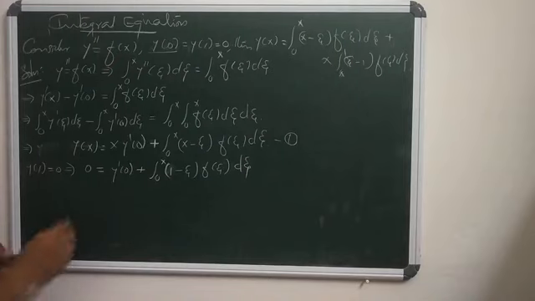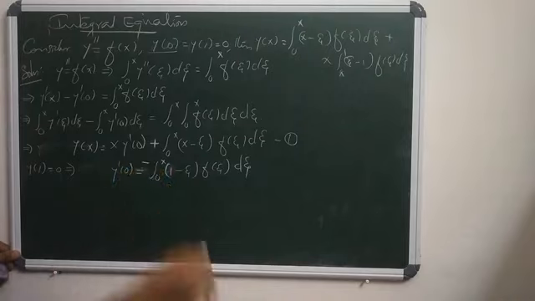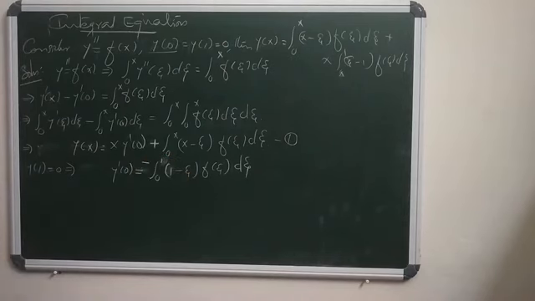So what is y dash naught? This means y dash naught equals minus integral 0 to 1 of (1 minus theta) f of theta d theta.